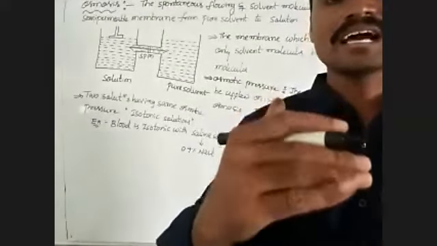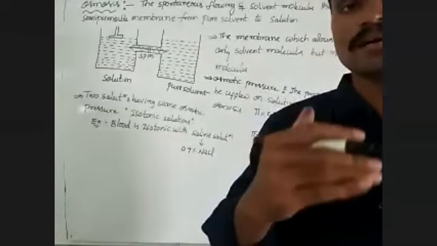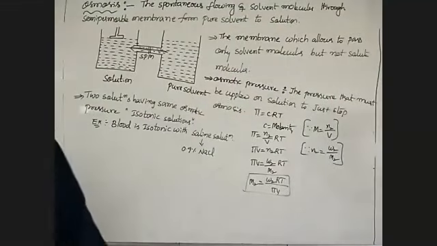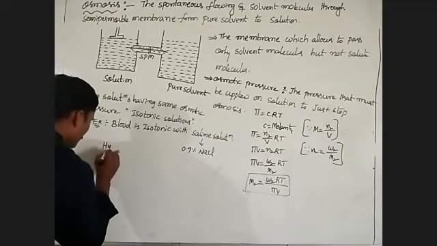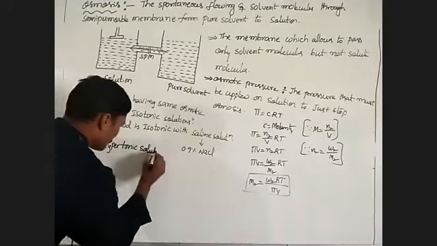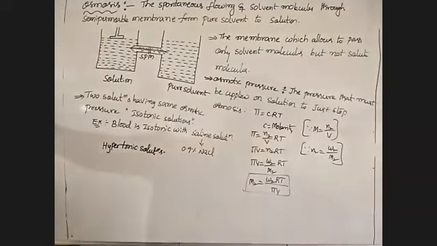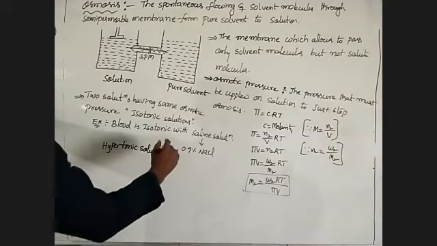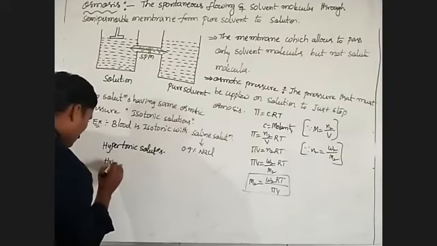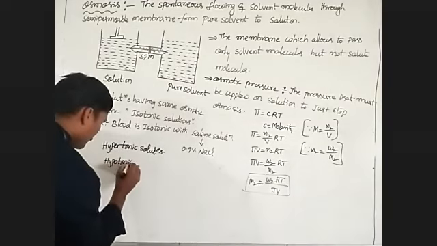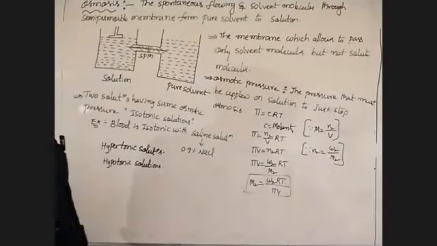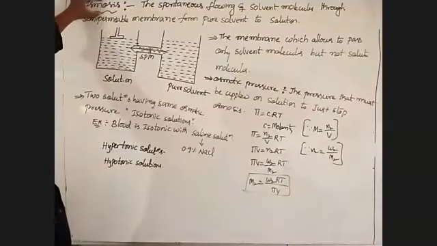That means higher osmotic pressure, and that type of solution is called a hypertonic solution. The solutions which contain less than 0.9% are hypotonic solutions.